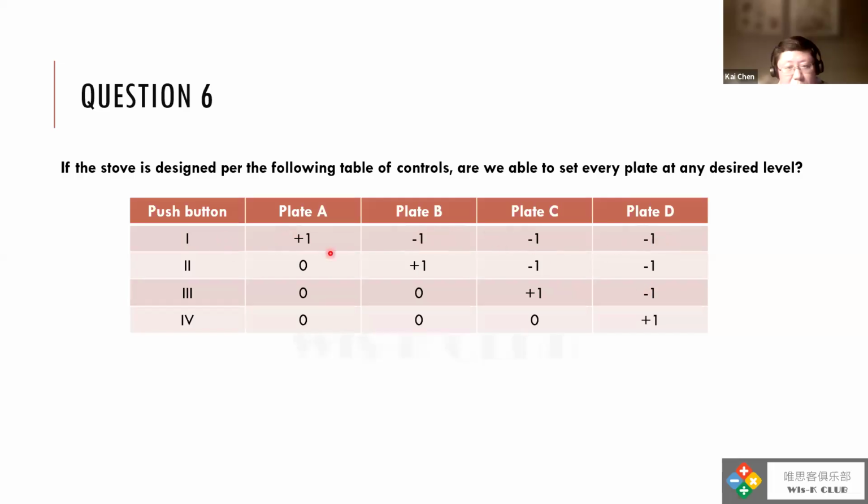We have the same plus 1 in the diagonal, but all the -1 in the upper triangle, meaning that button 4 is the normal button. Now we can control plate D by button 4, but not by buttons 3, 2, and 1.